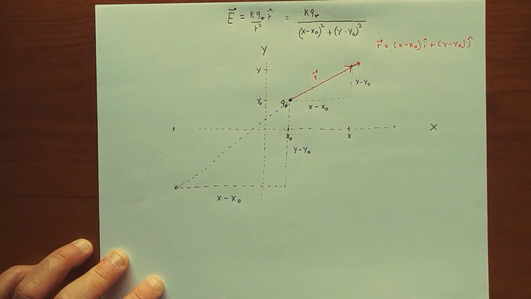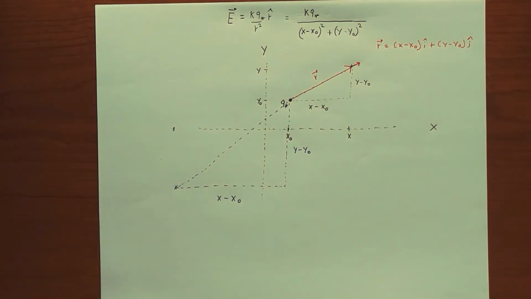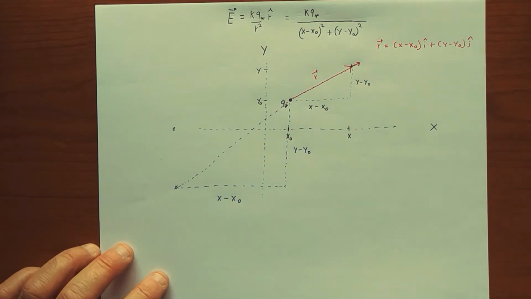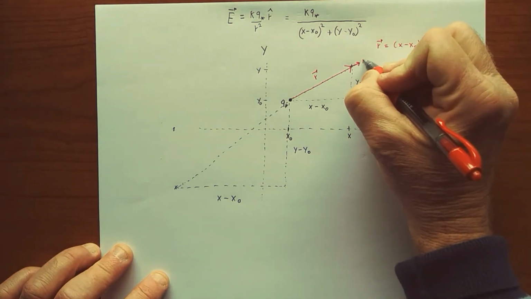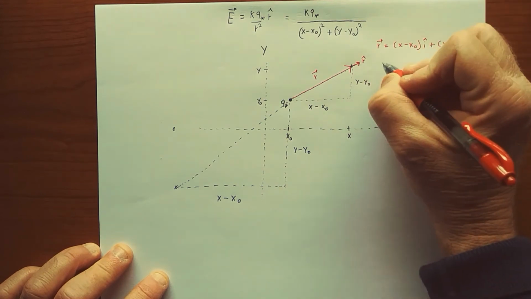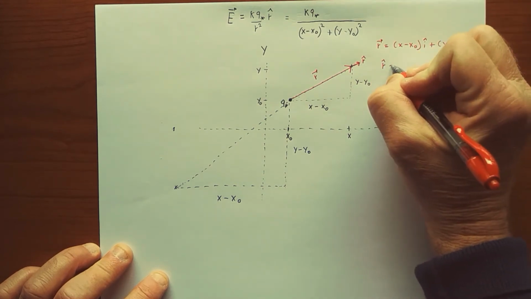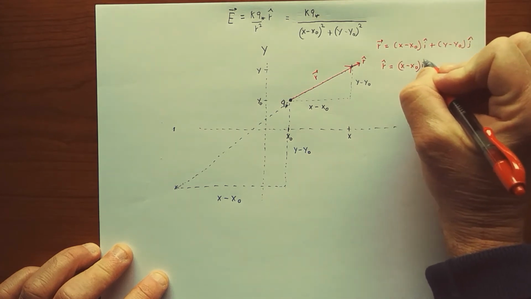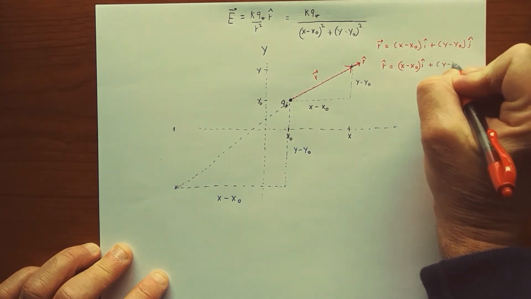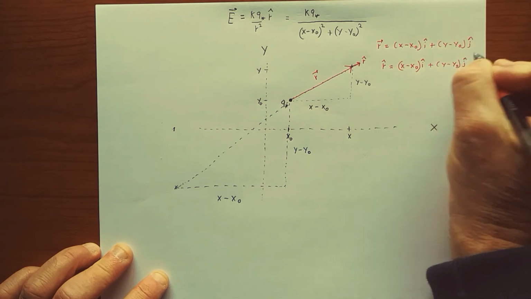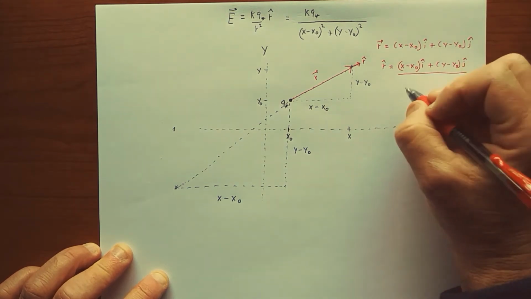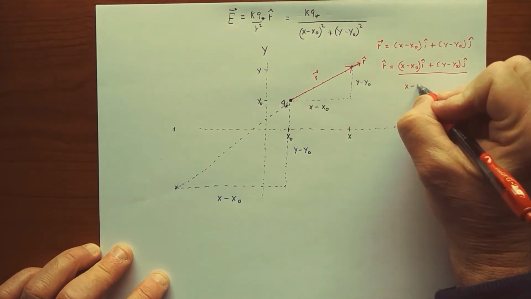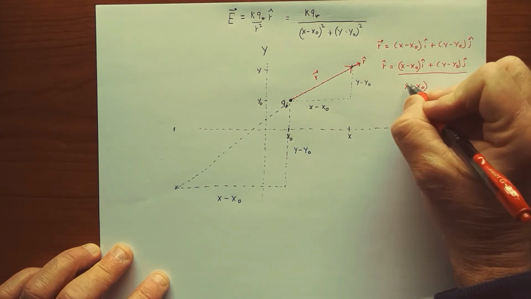Of course, we know what the magnitude of this vector is. It's not a unit vector, so we're going to take and normalize it to turn it into r hat, a unit vector. And that looks like this. I'm going to divide it by the magnitude of this vector, which requires Pythagoras' theorem. Right?